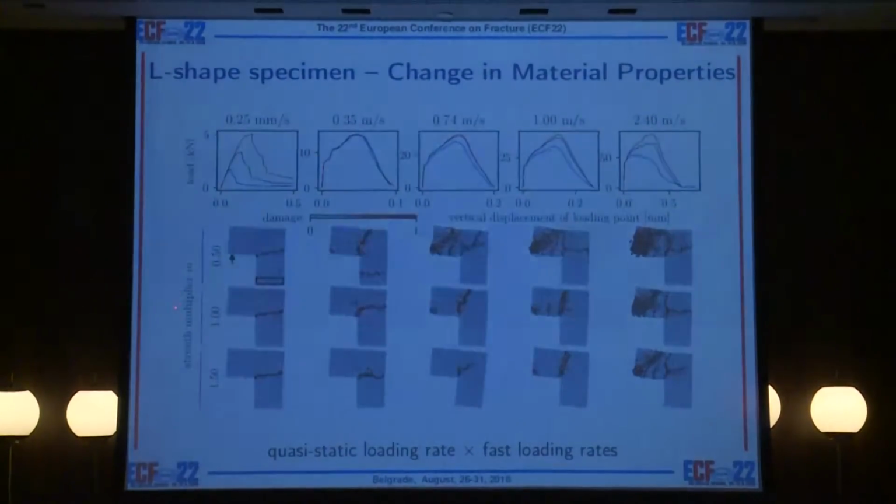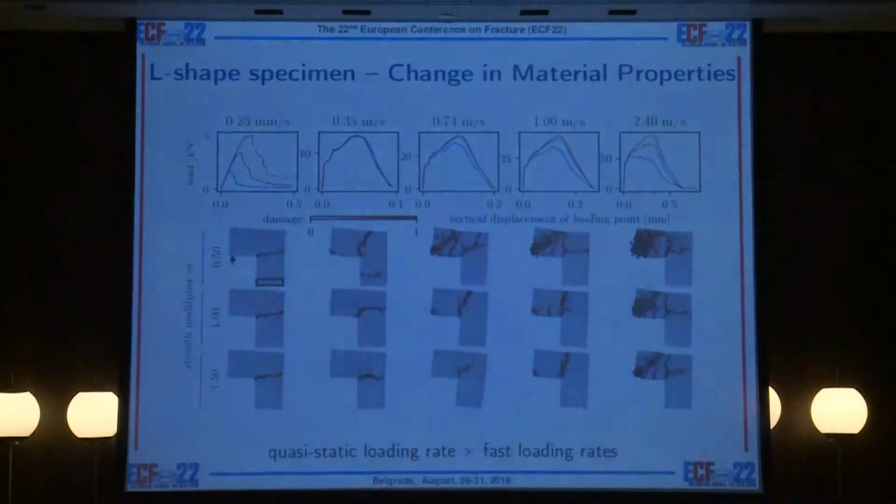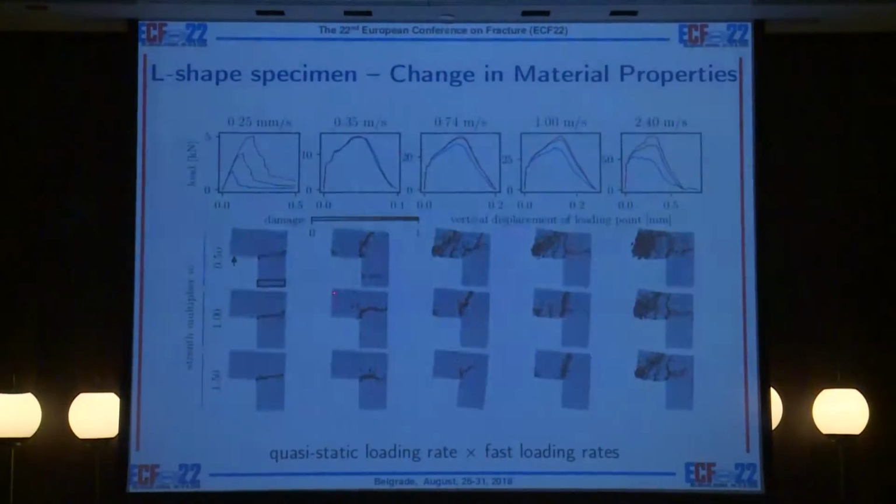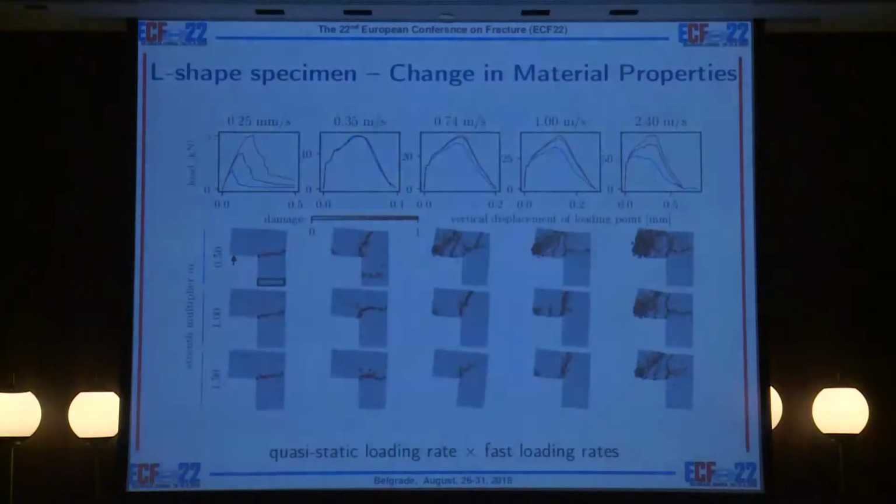If we apply weaker material, we can see that the crack inclination angle is bigger and the crack branching happens for even smaller displacement rates than for the stronger material. For quasi-static loading rate, you can see that there is no change in the crack pattern, and there are large changes for the load displacement response.